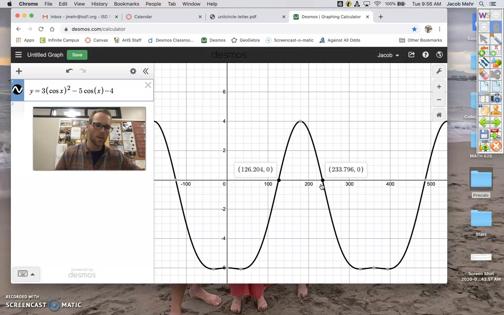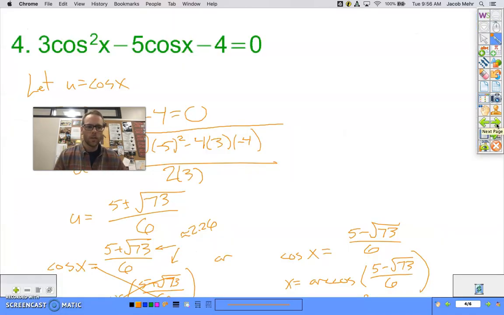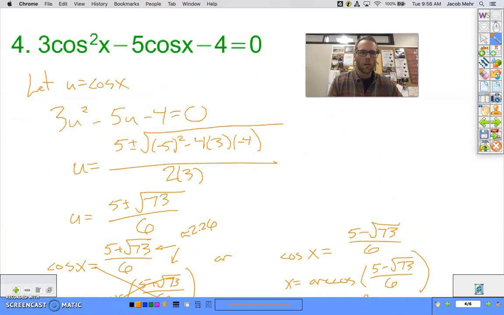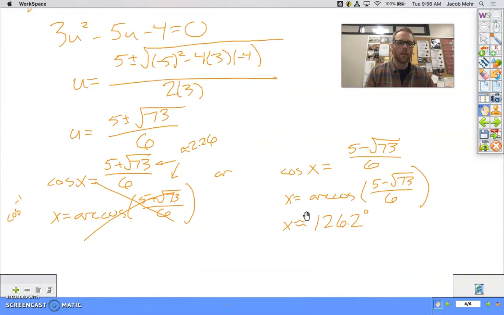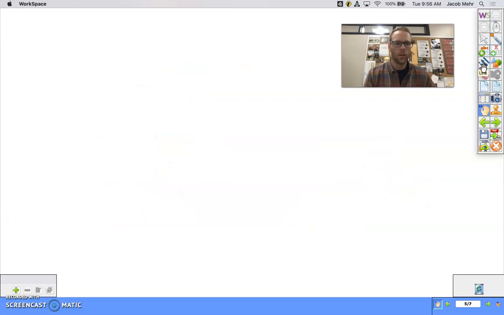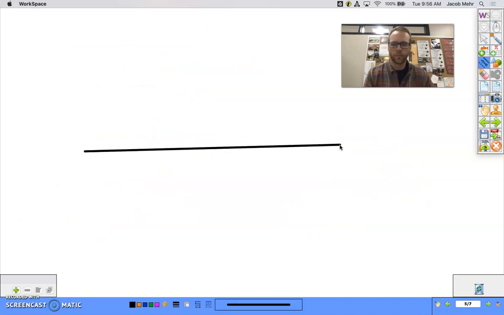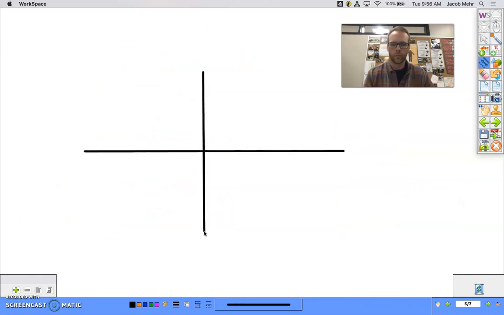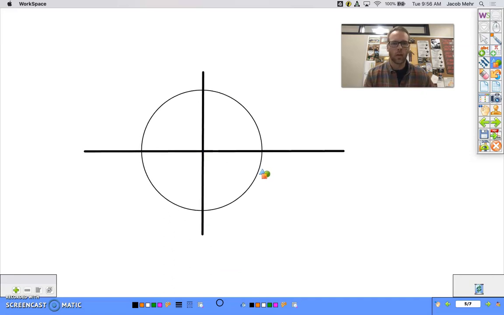So we have to ask ourselves, if the cosine of 126.2 degrees gives us 5 minus root 73 over 6, what other angle would? So let's picture our unit circle. Now, where's 126.2 degrees?